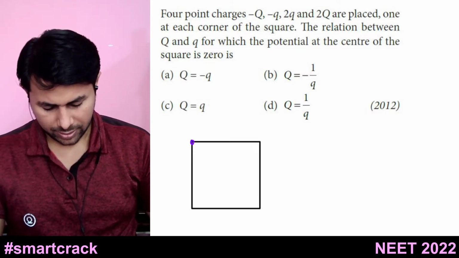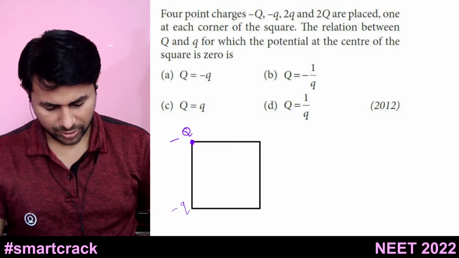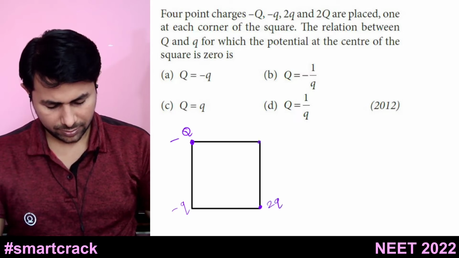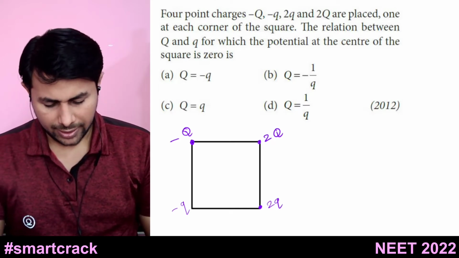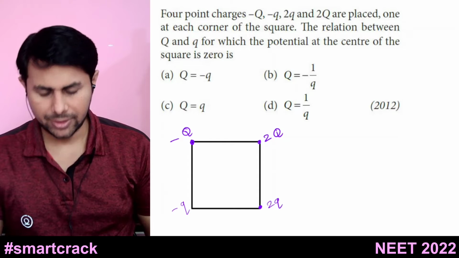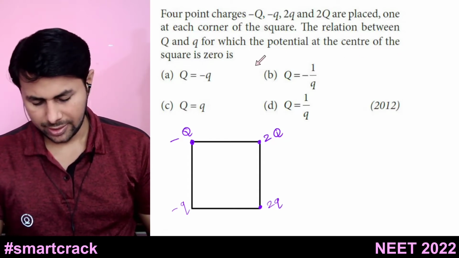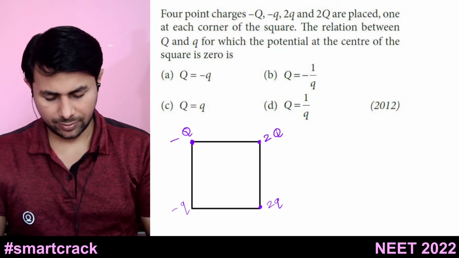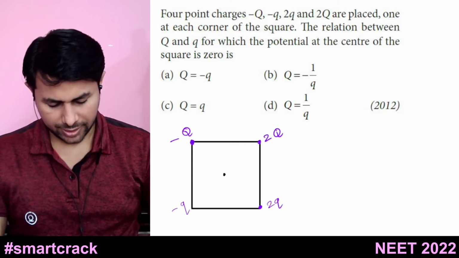The charges are minus q, minus small q, then 2q and 2 capital Q. Then the relation between capital Q and small q, this is the question, for which potential at the center of the square is 0. So potential over here is 0.